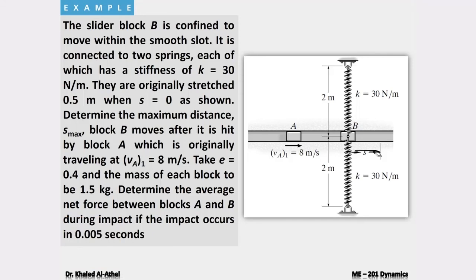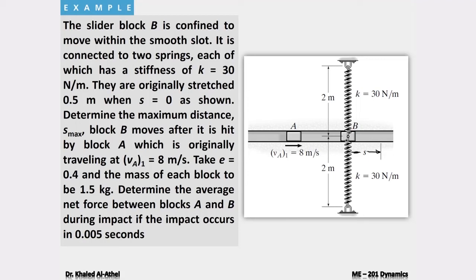And it says here that the two springs are originally unstretched at this location. Sorry, not unstretched. So at this, they are originally stretched an amount of 0.5. Yes, the length is shown as being 0.2, but you already have the stretched amount, which is 0.5. And we'll come to this when we solve the problem.